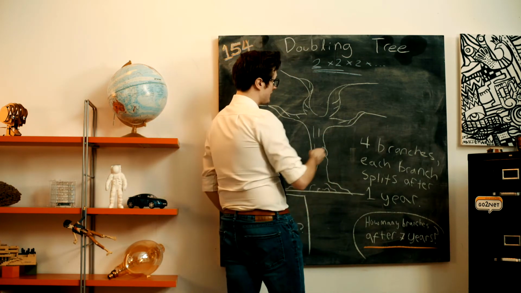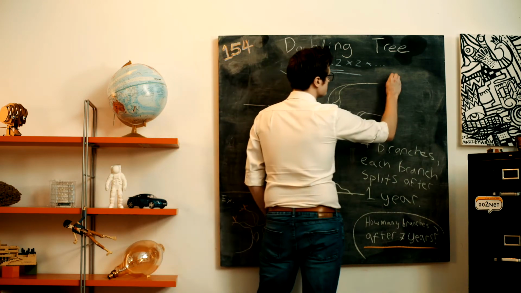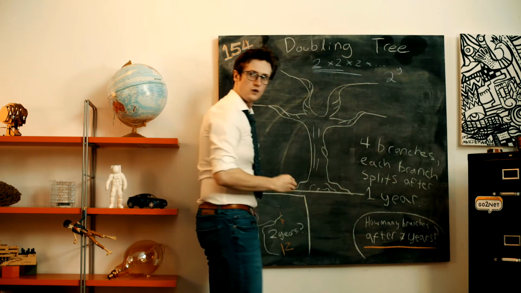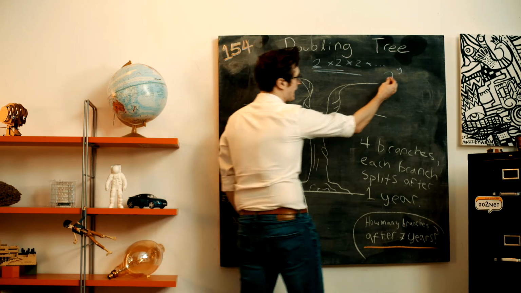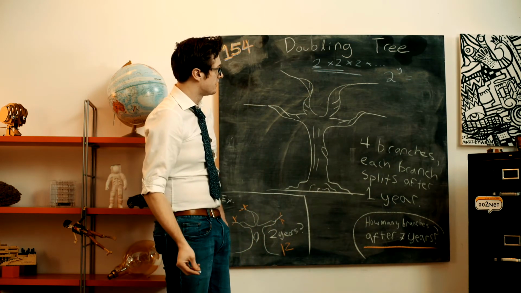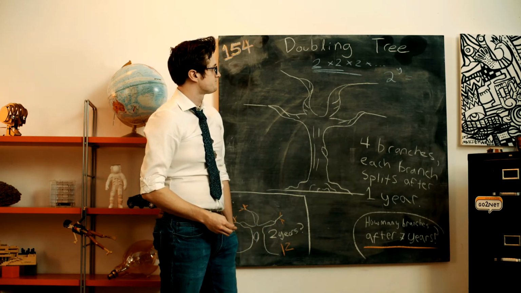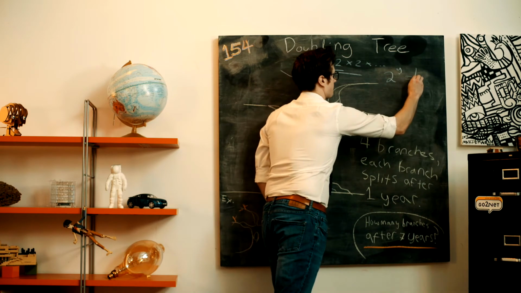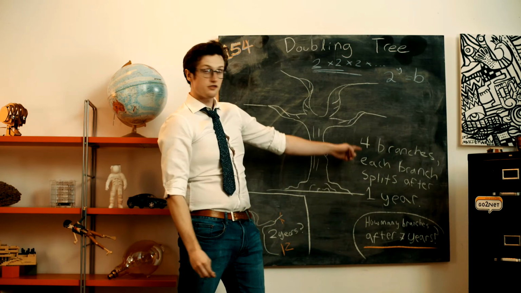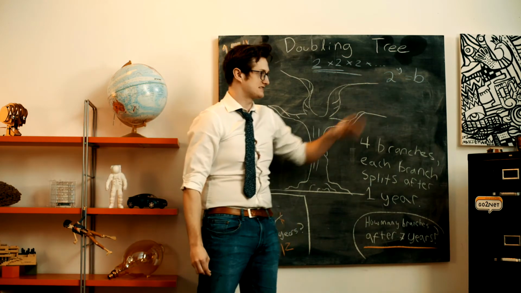So for one branch, I can calculate how many branches there will be after so many years. So 2 to the power of y, where y is years. It's how many branches we'll have after y years, depending on how many branches we start with. But we started with 4 branches. So we're going to actually have 4 times this answer.